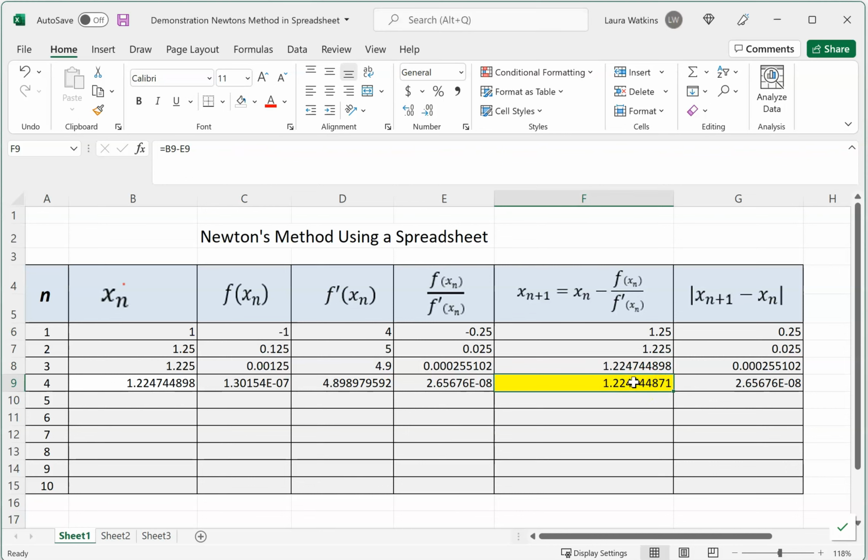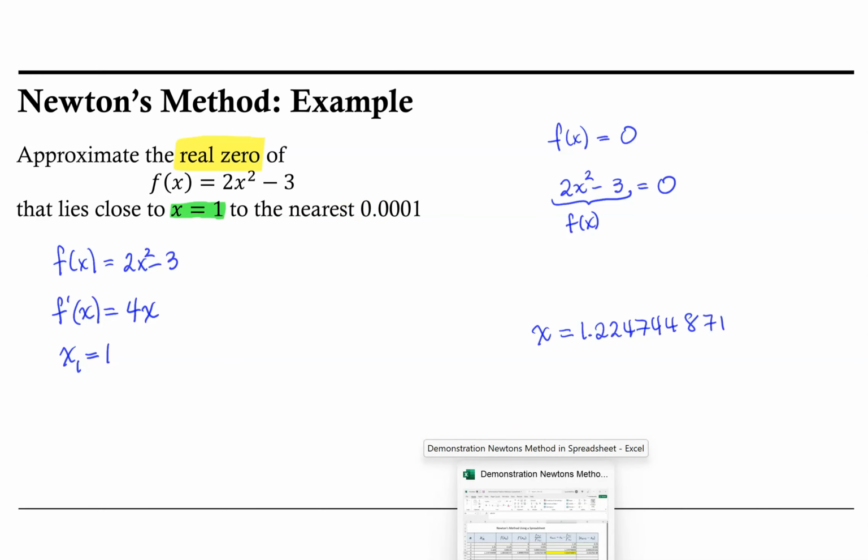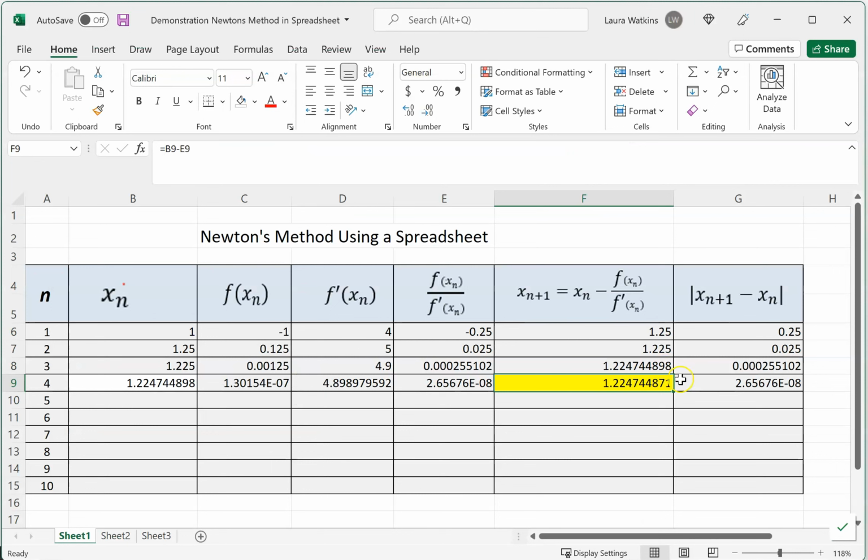This is an approximation of the zero of our original function, f of x equals 2x squared minus 3, and it is accurate to the nearest 0.0001 place. I hope you find this helpful.